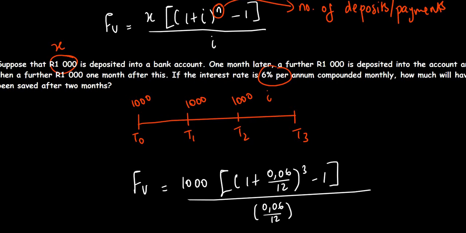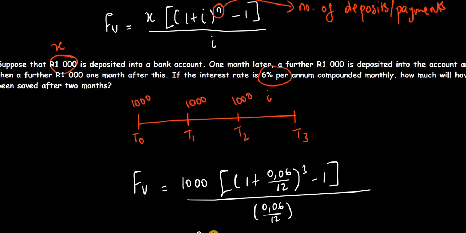If you put that in your calculator, say 1,000, and then 1 plus 0.06 over 12, to the power of 3 minus 1, all divided by that 0.06 over 12. How much did you get, guys, before I tell you my own answer?